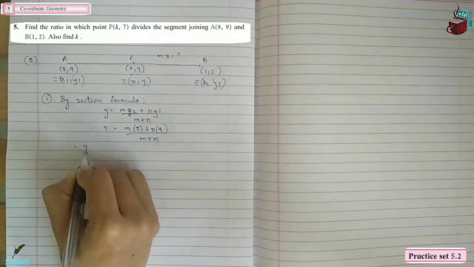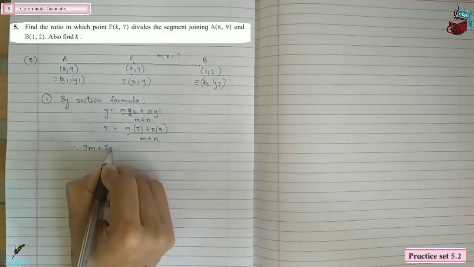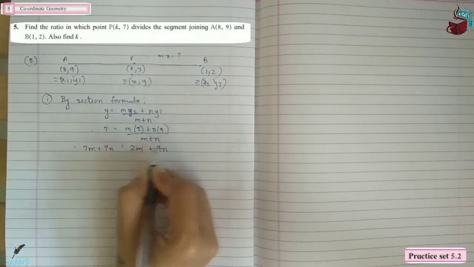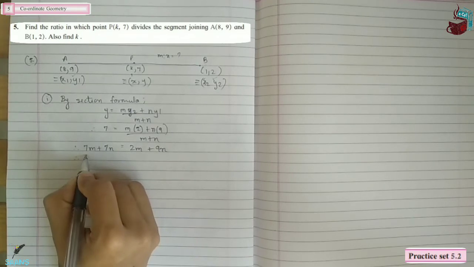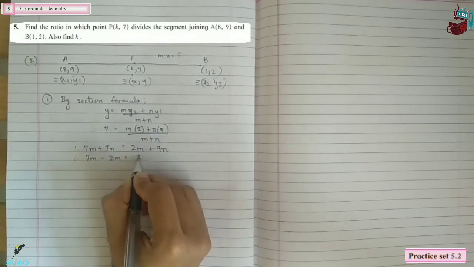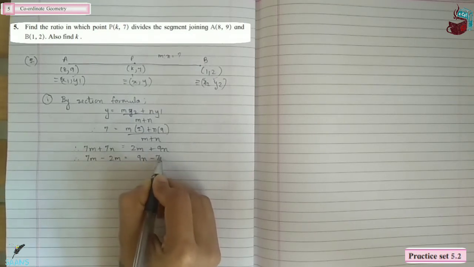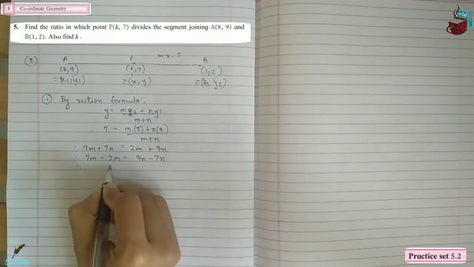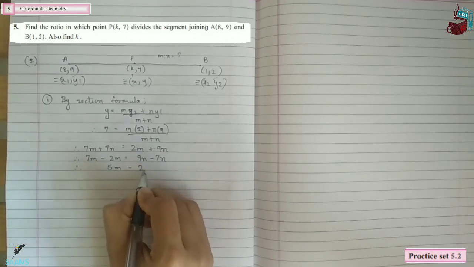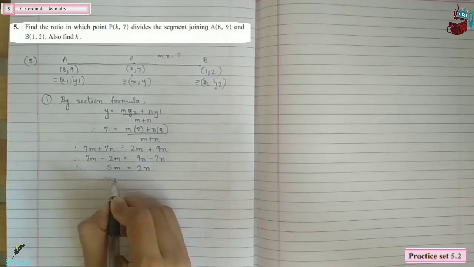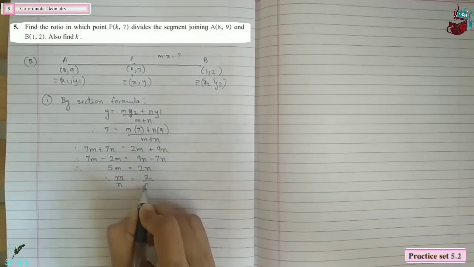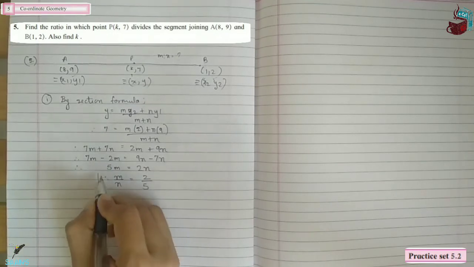Therefore, 7m plus 7n is equal to 2m plus 9n. M on one side, n on the other side. 7m minus 2m is equal to 9n minus 7n. Therefore, that is 5m is equal to 9 minus 7 is 2n. Therefore, m upon n is equal to 2 upon 5. So, we've got our ratio.